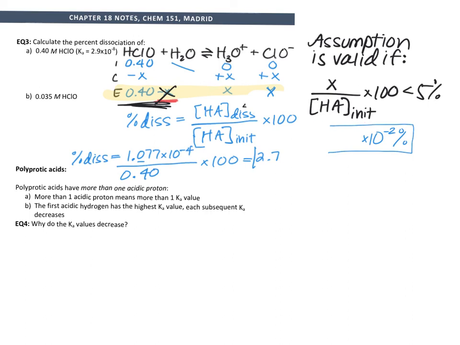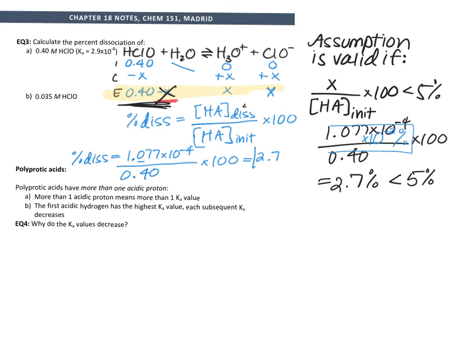So let's plug it in again. 1.077 times 10 to the negative 4 over that 0.40 times 100 is equal to 2.7%, which is indeed less than 5%. So I put a big check mark. The assumption is valid. That means it stands. Okay, that means I don't have to go back and correct it.